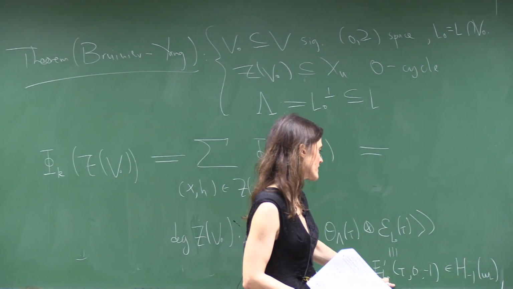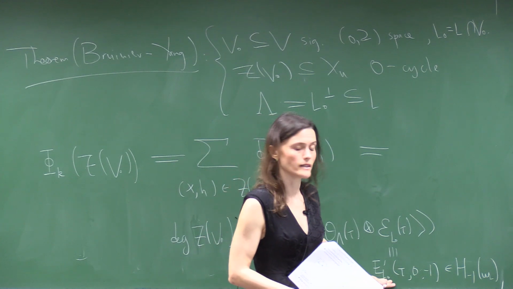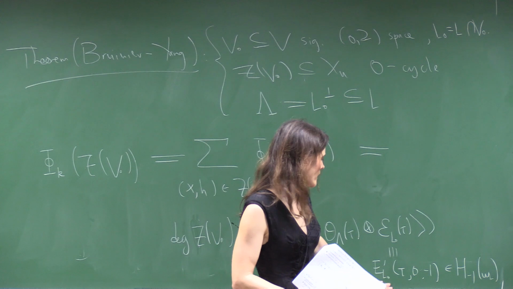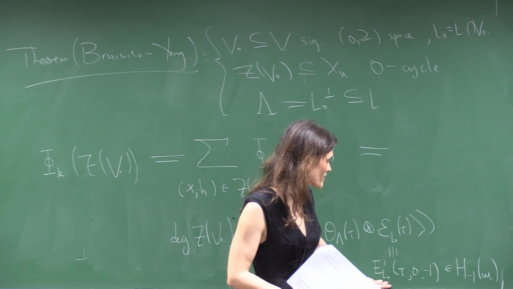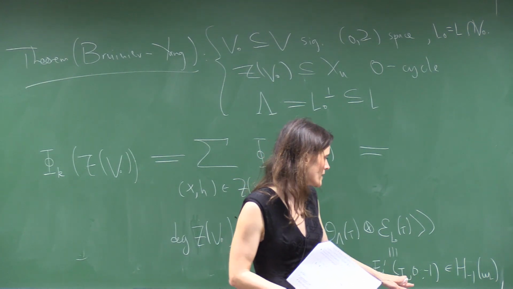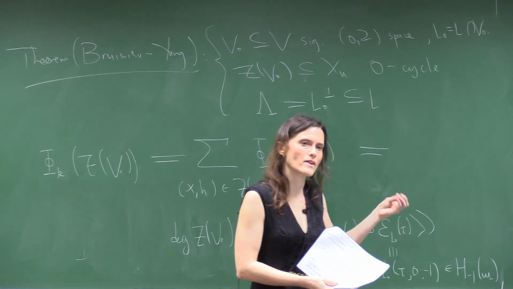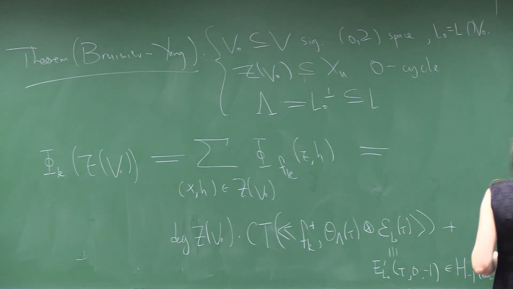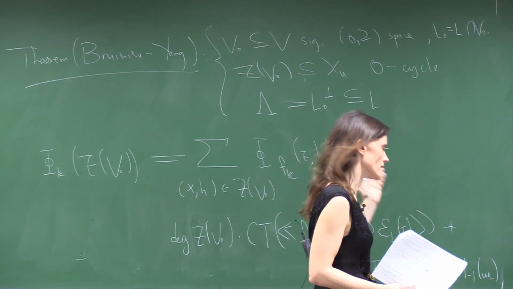And then you use Kudla's theory of incoherent Eisenstein series to get a relation, a little bit artificial, but it works, to the derivative value at 0 of some other Eisenstein series by playing around with level raising operators.